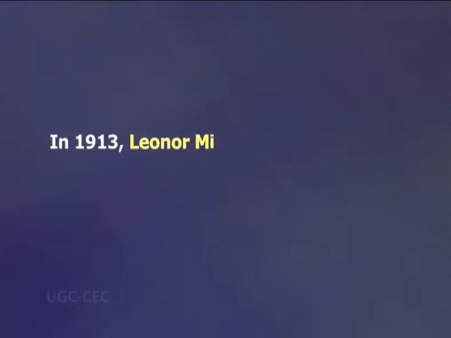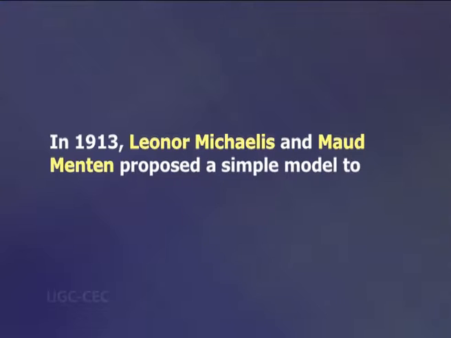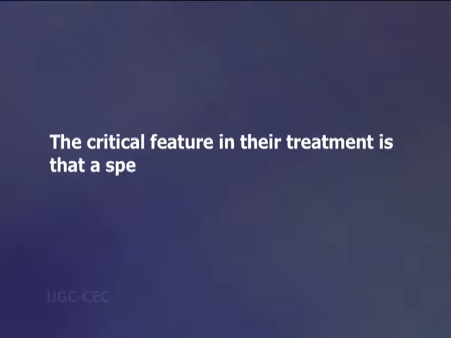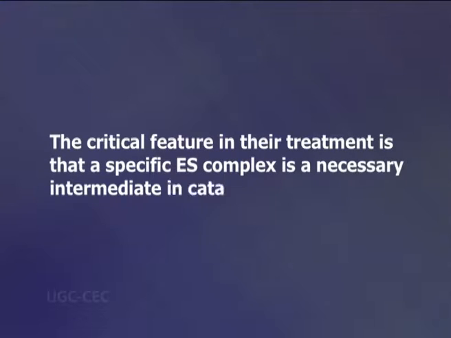In 1913, Leonor Michaelis and Maud Menten proposed a simple model to account for these kinetic characteristics. The critical feature in their treatment is that a specific ES complex is a necessary intermediate in catalysis.